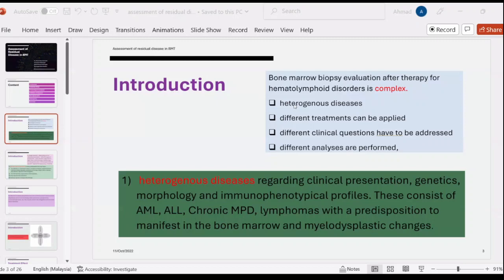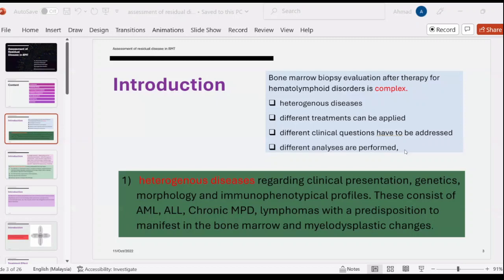Then each disease has a different marrow pattern, so assessing post chemo also becomes complicated. Then different treatment is applied to these different diseases, and we have different clinical questions to be addressed in your report. And of course, different analyses need to be performed.